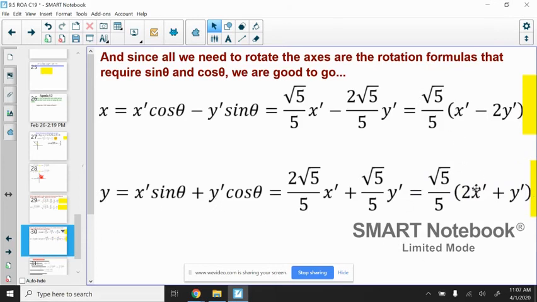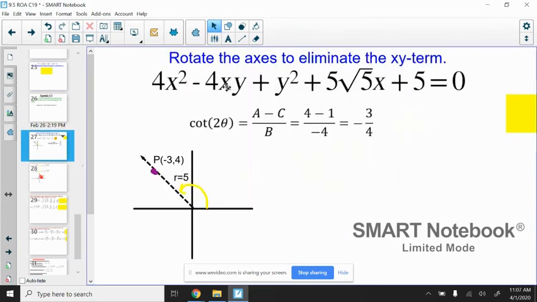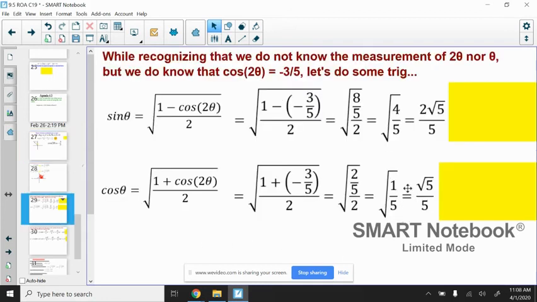When I take those two terms right there and I plug them all the way back into this particular equation right there, we are not going to take the time to do that today. You should already be able to do that. Our goal today was just to show how half-angle identities can be used to find exact trigonometric values for the purpose of rotating the axes.